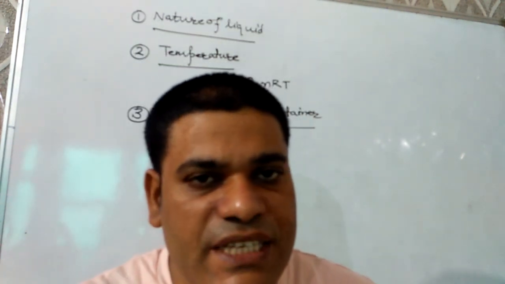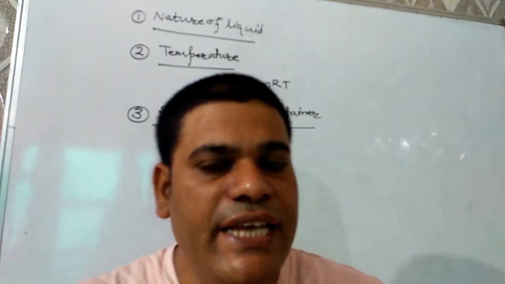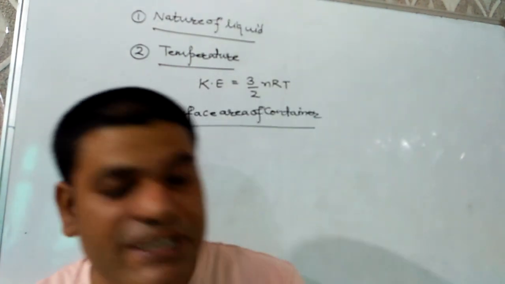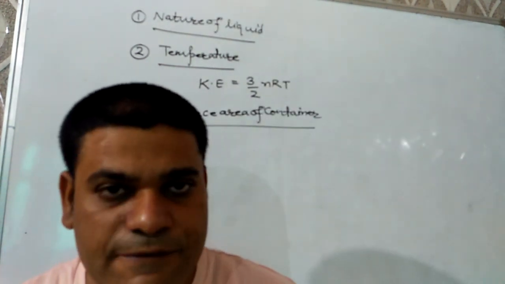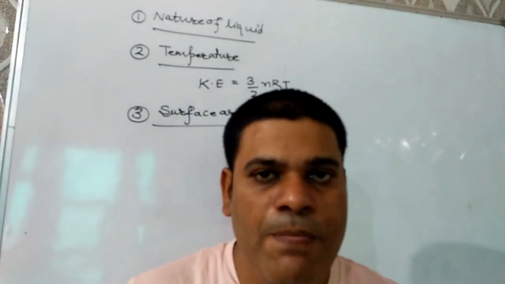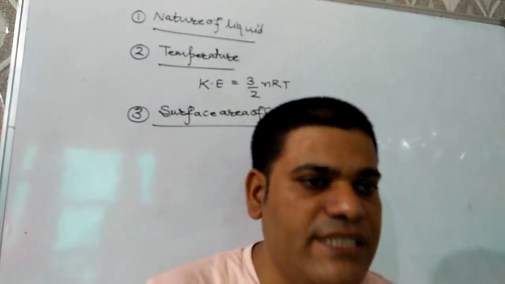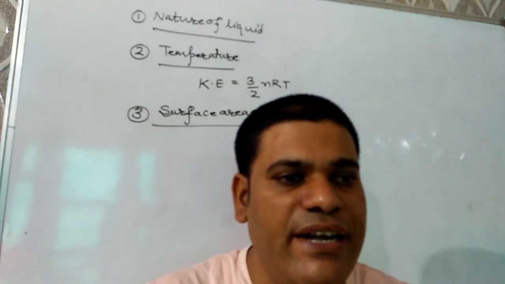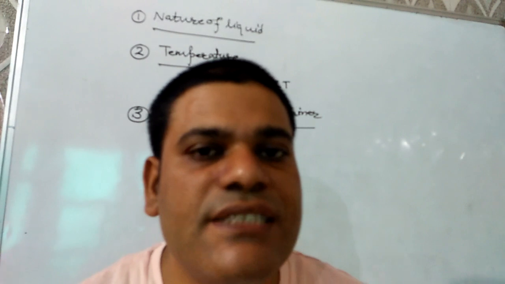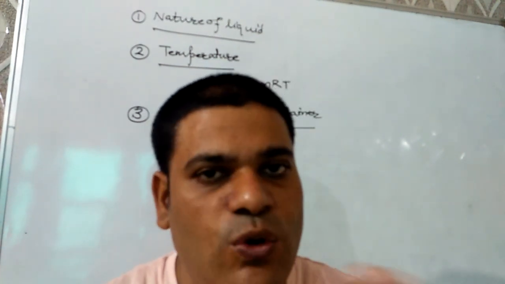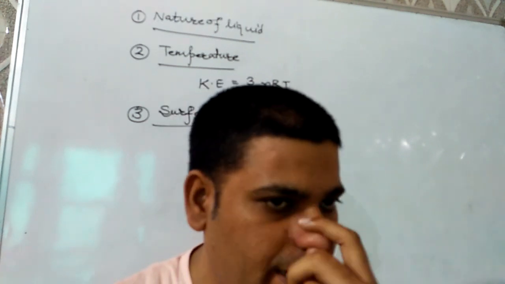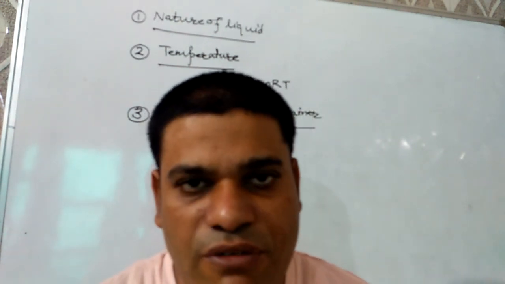The more the surface area of the container, the more easily molecules escape, hence the higher the rate of evaporation. We can see this in daily life too. If we want to cool a substance in a small container, it will take time, but if we cool it in a large surface container, it will cool down easily. So the more the surface area, the more easily evaporation occurs.